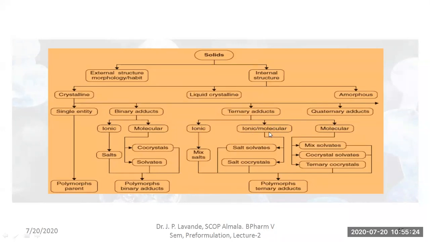Ionic molecular is the intermediate between the ionic and the molecular one. Ionic forms mixed salts. Ionic molecular forms salt solvates and salt co-crystals. And the molecular ones form mixed solvates, co-crystal solvates, and ternary co-crystals. But we need not go into the details of all these.